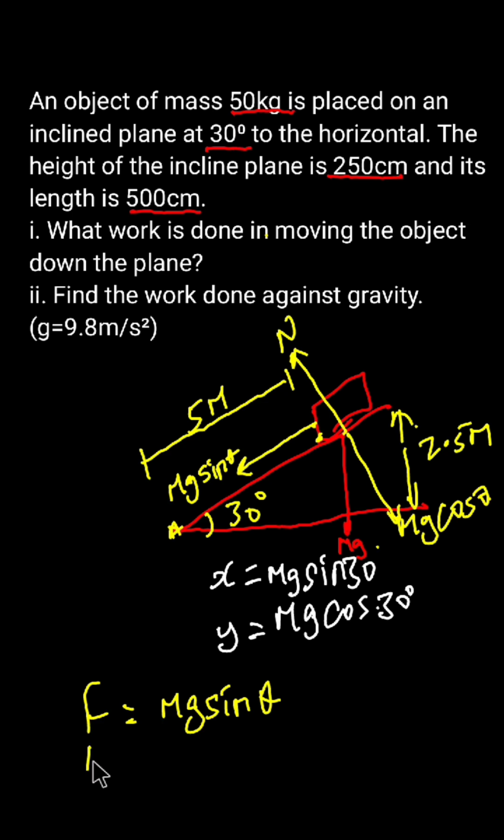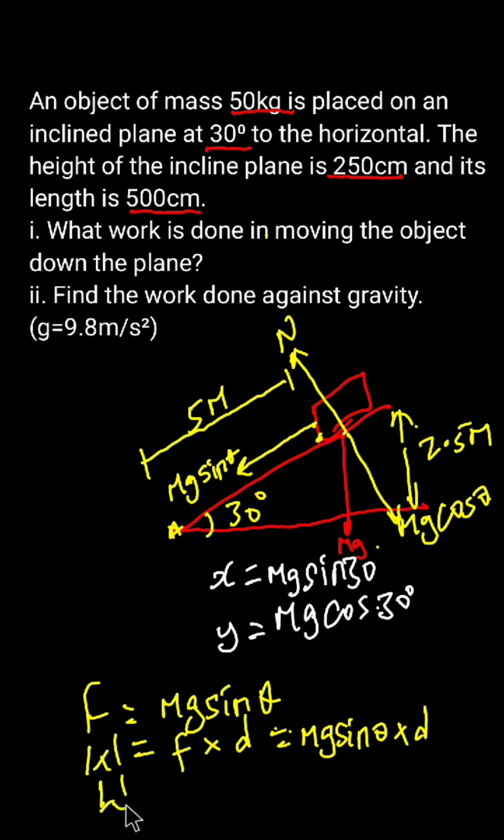So the work done is equal to force times distance, and the force is mg sine theta, multiplied by distance. So work done is equal to the mass of the body, given as 50 kg, times acceleration due to gravity 9.8, times sine 30 degrees, times distance, which is equal to 5.